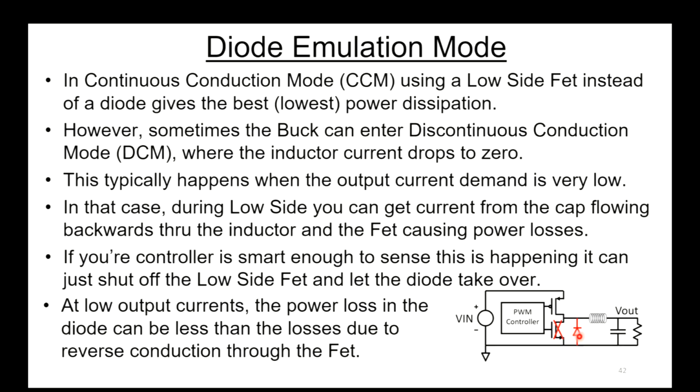If you're in diode emulation mode, you're pretty much shutting off the low side FET, and now you're back to the same freewheeling diode you had before. However, at low output currents, the power losses in the diode might be less than the losses due to reverse conduction through the FET. So when you hear designers talk about diode emulation mode, or a synchronous buck with diode emulation mode, this is what they're talking about.